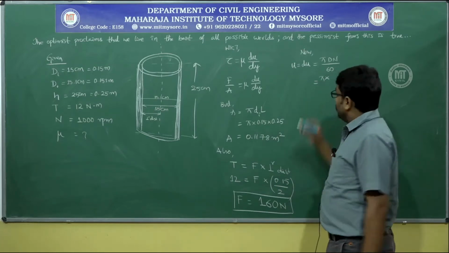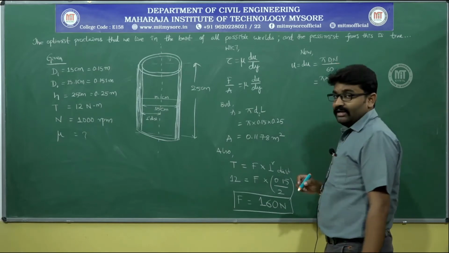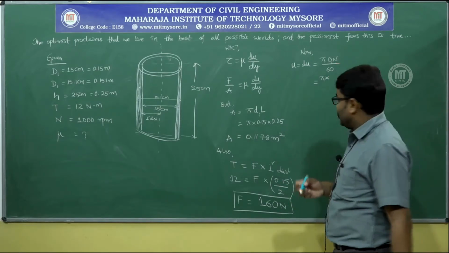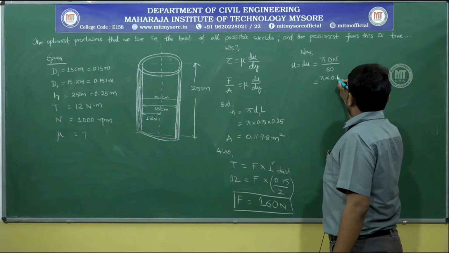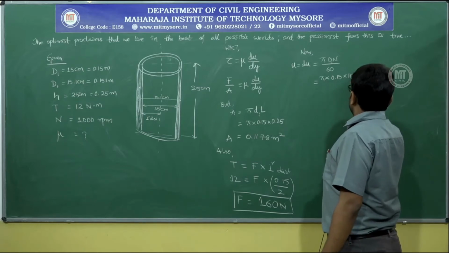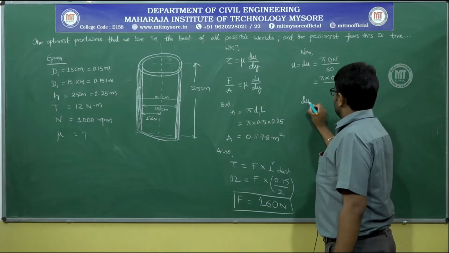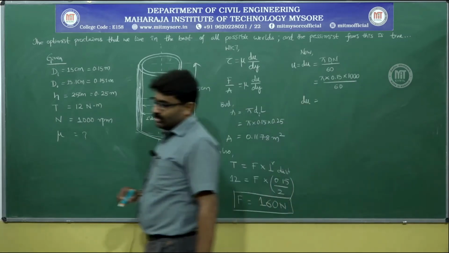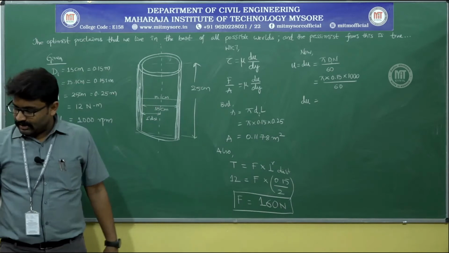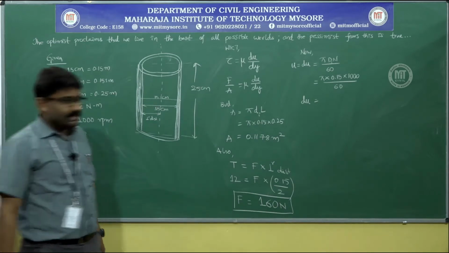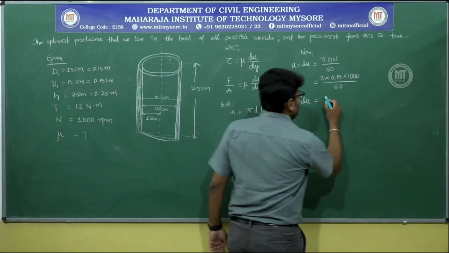Which diameter? It is always the diameter of the inner cylinder, because that is the rotating part here. Pi into 0.15 into n is 1000 divided by 60. So, what is the value of du? You will achieve it as 3.979 meter per second.